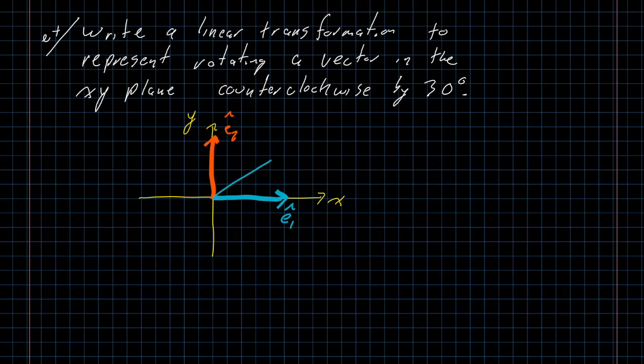And we just saw that if I can just figure out what happens, let's draw that in a different color. If I can just figure out what's going to happen to my basis vectors when I rotate by 30 degrees, that's going to give me everything I need to know.